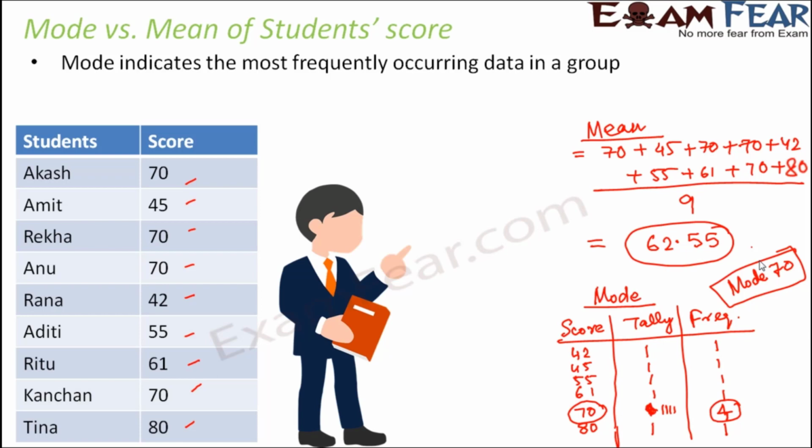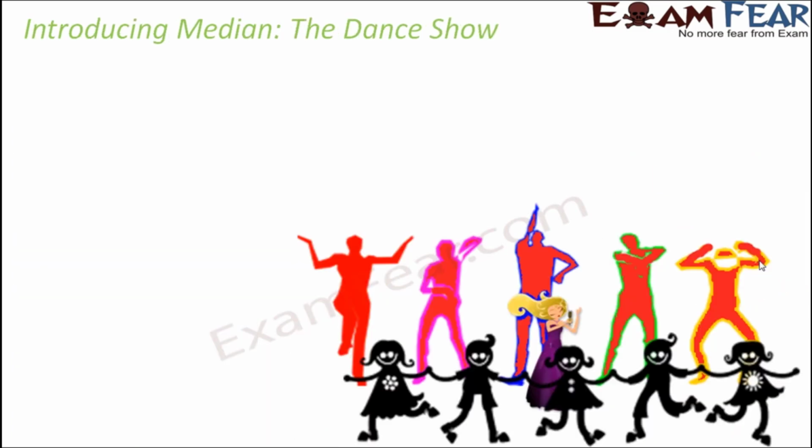So both of them in some way convey generic information about the overall performance of the class. So please understand the difference between the two, mean and mode. They are not the same thing. They are two different things, but both of them represent the central tendency of a group of data in two different ways.